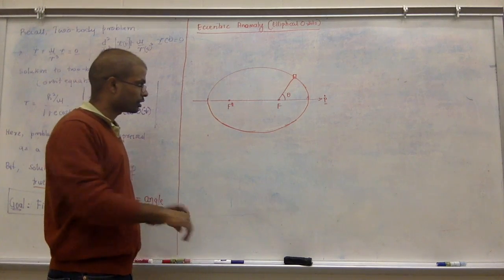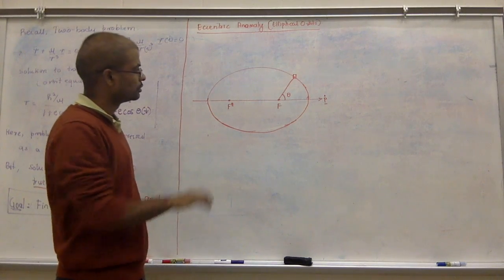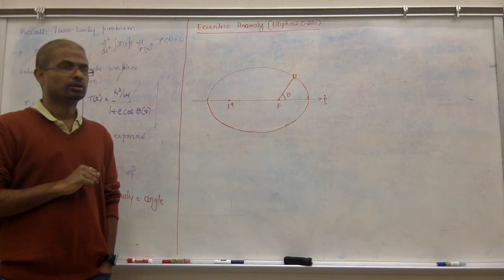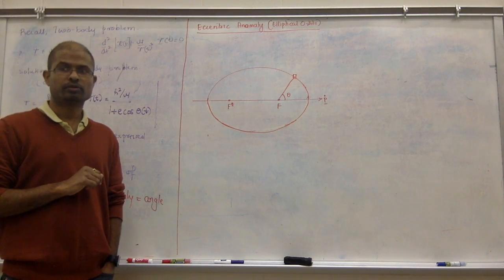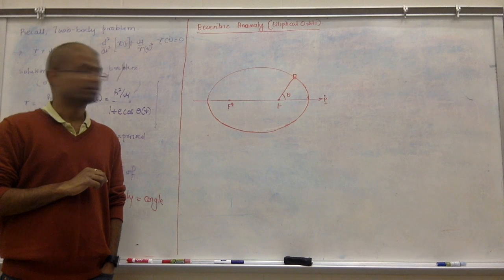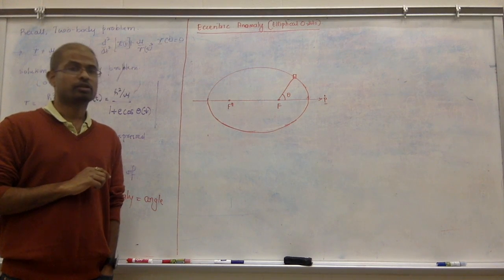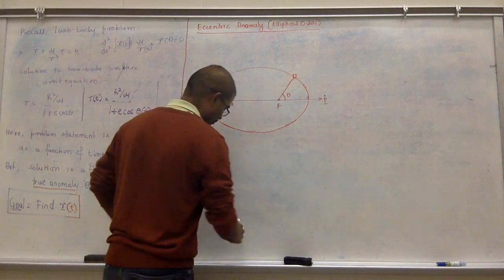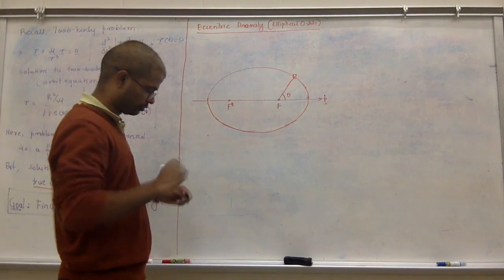So what we do is we circumscribe a circle to this ellipse. You know what circumscribe or inscribe is? Circle from outside, circle inside. Right.